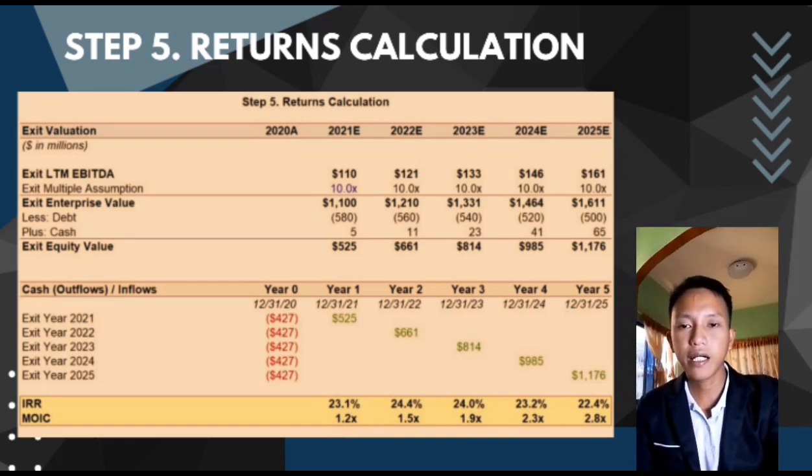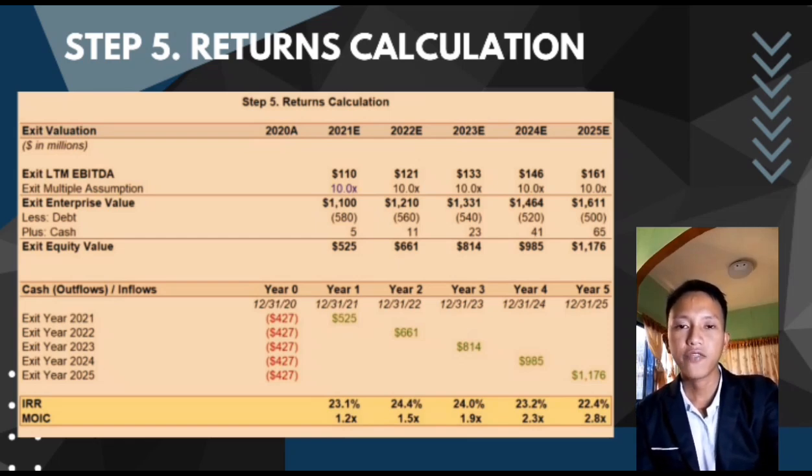So now we will get the exit equity value. Similar to how we did in the first step for the entry valuation, we will deduct the net debt from the enterprise value to arrive at the exit equity value. The total debt amount is the sum of all of the ending balances in the debt schedules, while the cash balance will be pulled from the cash roll forward in the FCF forecast.